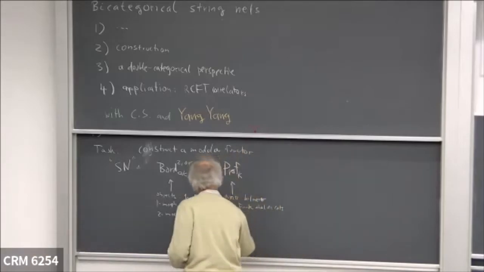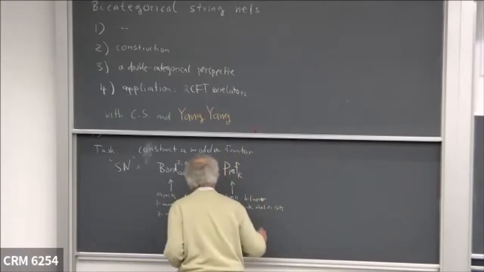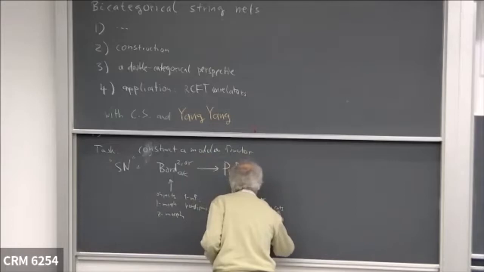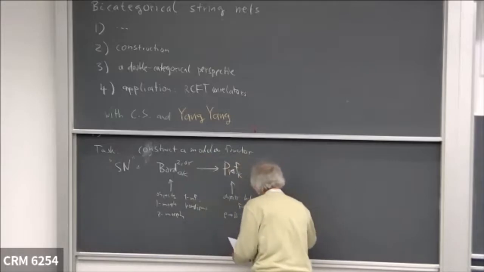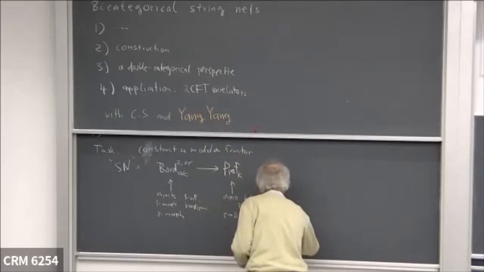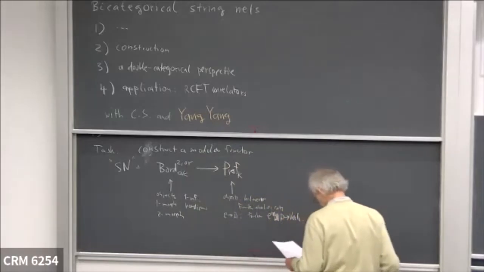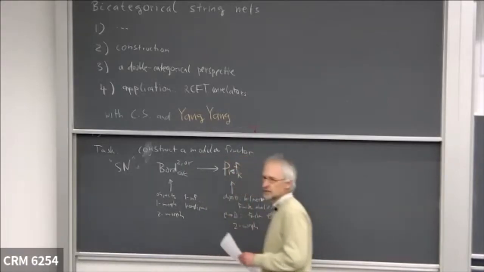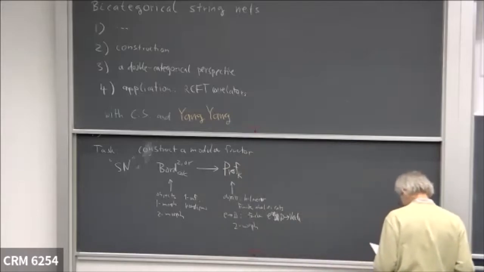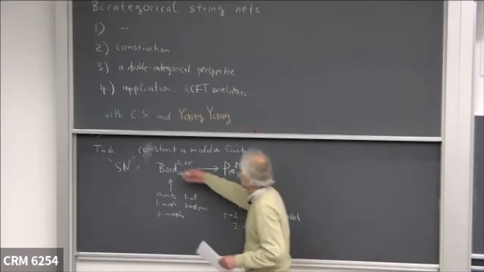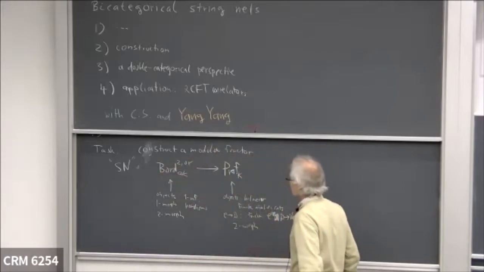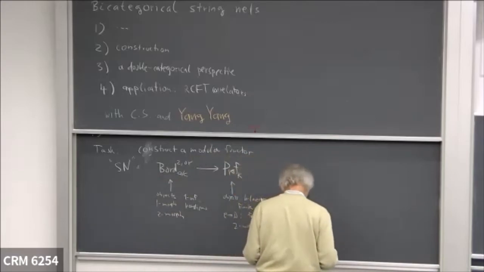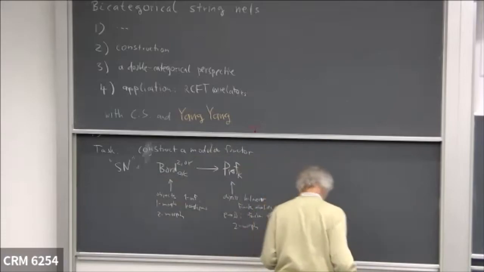A morphism from C to D will be a functor from C^op times D to finite-dimensional vector spaces over K, and 2-morphisms will be natural transformations between the underlying functors. And then these are symmetric monoidal bicategories. Here the monoidal structure is disjoint union, and here it's just a Cartesian product essentially.